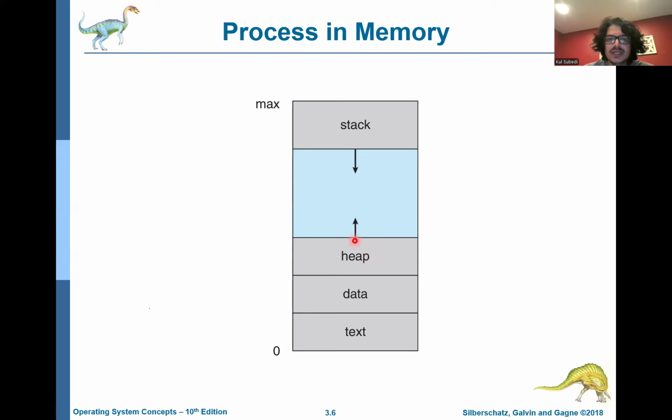And also we need heap and stack. I mentioned why we need stack. Stack is used to manage execution of the functions, manage local variables, and pass arguments to the function. We also want to keep track of the return address. That's where stack is used. And heap is used to manage dynamic memory.